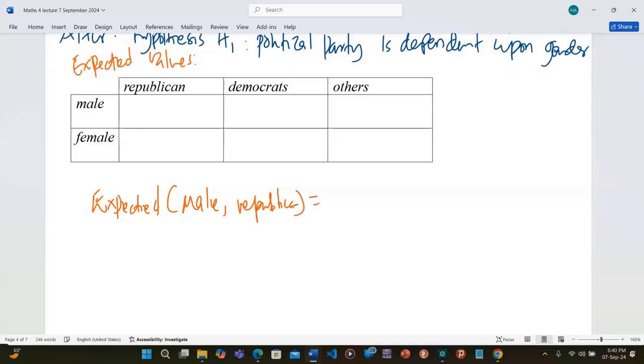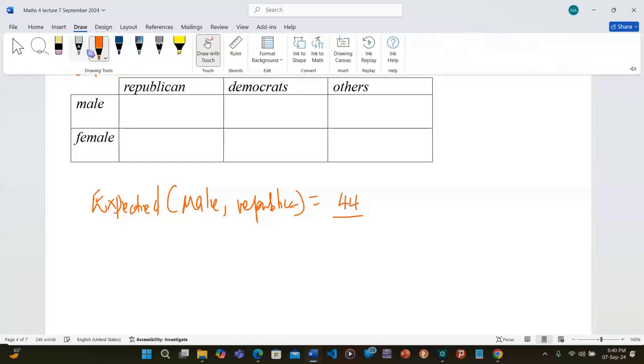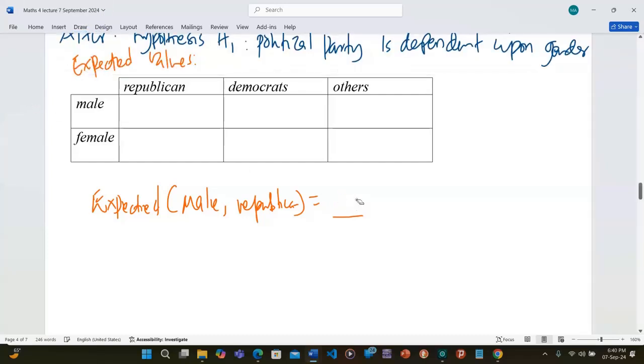The expected value will be the total number of males, which is 44, divided by the total number of individuals. Let me write the formula properly. This is males divided by the total, multiplied by the number of Republicans.